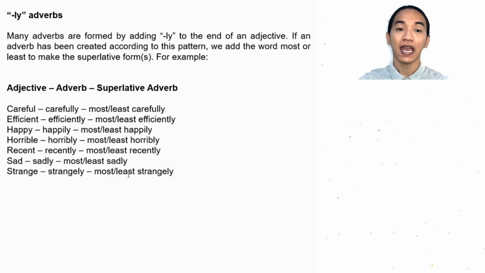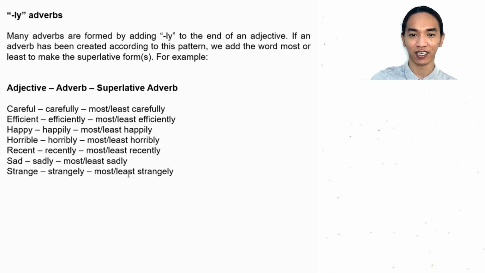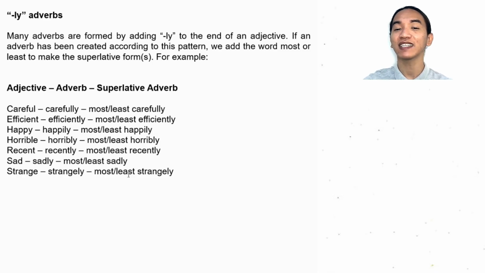Now, we also have your ly adverbs. So many adverbs formed by adding ly at the end of your adjective. So if an adverb has been created according to this pattern, you have to add the word most or least, okay, to make the superlative form. Okay, look at that. Careful, your adjective, then carefully becomes your adverb.